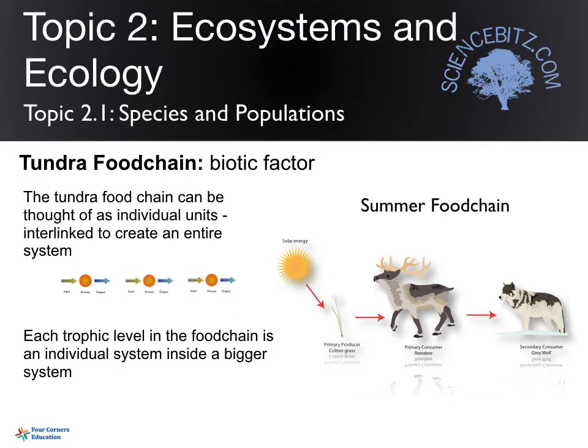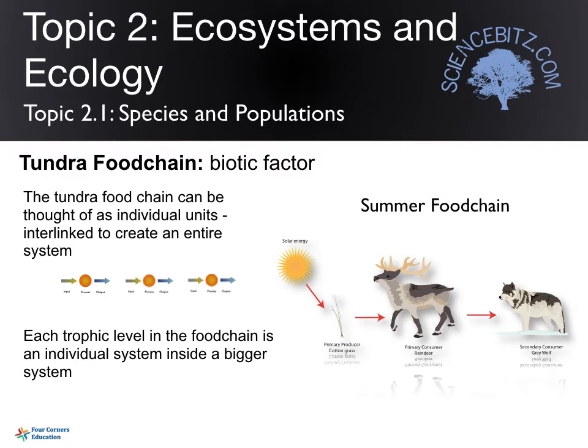So the wolf population totally depends on the amount of biomass that the reindeer population can accumulate in the summer, but the reindeer population totally depends on the amount of biomass that is able to be eaten from the plant material during the summer. And the plant material totally depends on the amount of photosynthesis that can occur mainly during the summer.